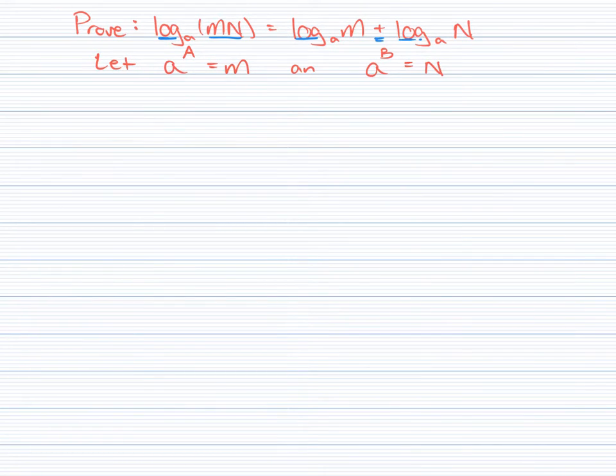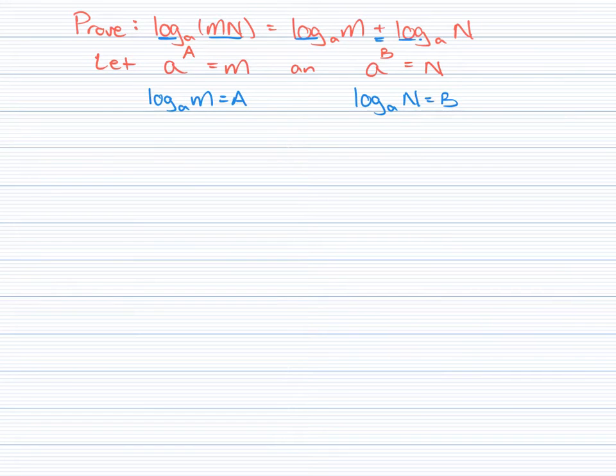Now, it also is good for us to think of these in terms of logarithms. So I could certainly rewrite these and say log base a of m equals capital A, and log base a of n equals capital B. Those are good things to remember, okay?